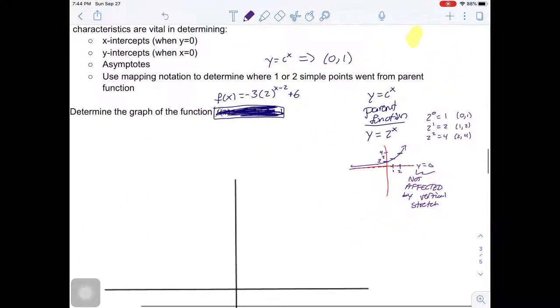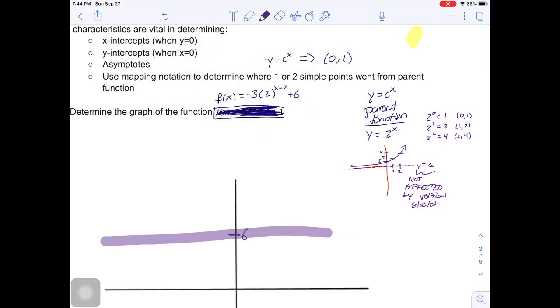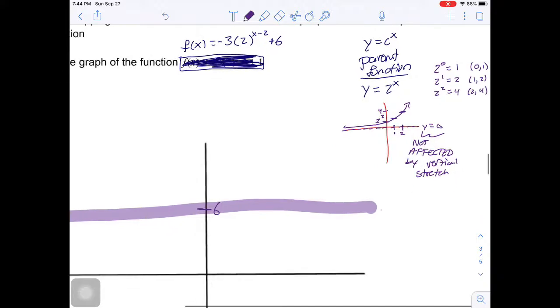So our new horizontal asymptote is really easy to find. It's at positive 6. Okay, so we have a horizontal asymptote at y equals 6. So this was pretty easy to find. So y equals 6 is the new horizontal asymptote. Okay, and that's because of our value here, positive 6.